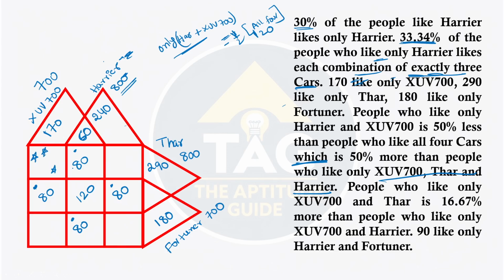People who like only XUV 700 and Thar is 16.67% more than people who like only XUV and Harrier. What is the fraction value of 16.67 percent? That's 1/6. So it's 1/6 more than people who like XUV 700 and Harrier.